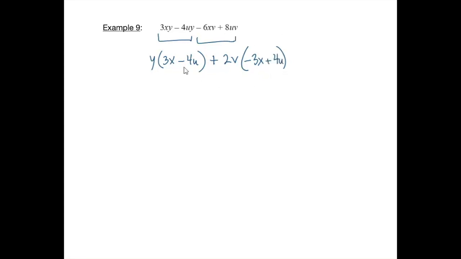Now, inside the parentheses, we have a 3x minus 4u and a negative 3x plus 4u. These are exact opposites because each of the terms has the opposite sign, a negative 3x instead of a positive 3x, and a positive 4u instead of a negative 4u. These expressions are not the same, so we cannot continue factoring the way it's written now.